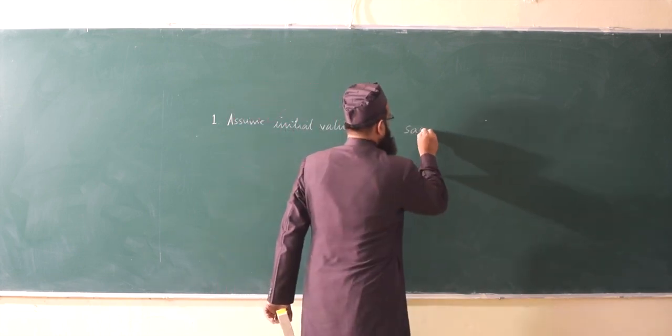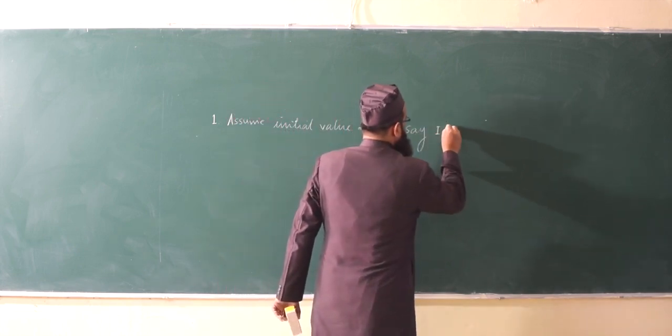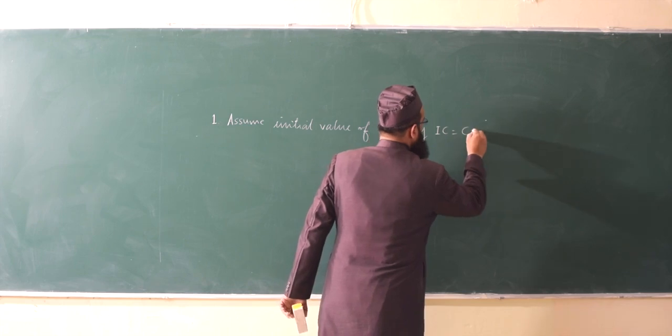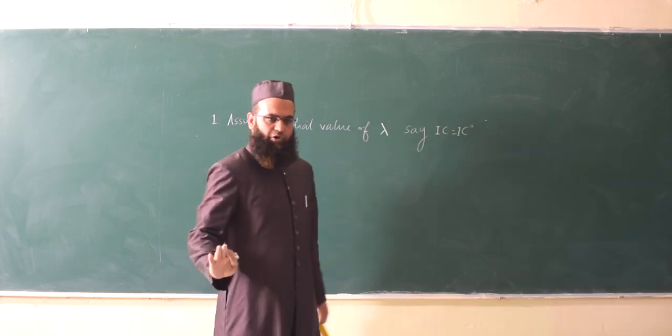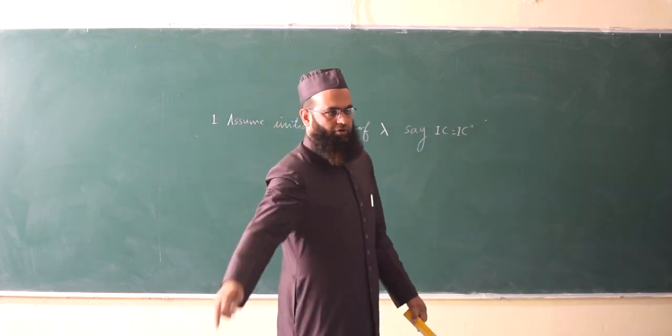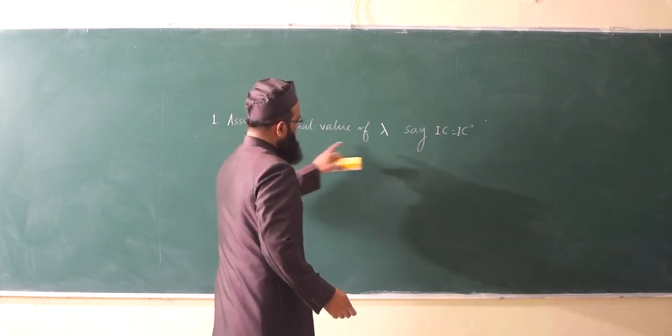Say IC is equal to IC0, the initial assumed value. What is lambda? IC, the incremental fuel cost, equation 2. Just see it. So you have assumed any value of lambda.